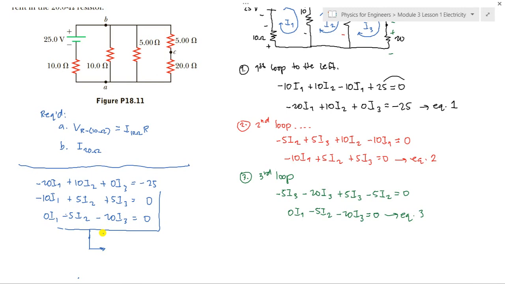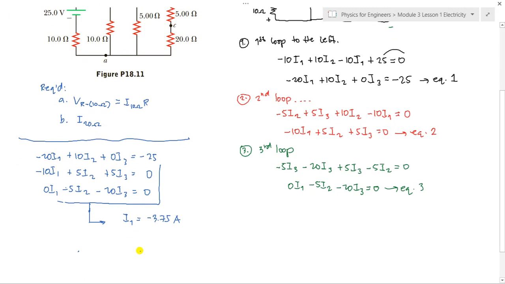So, the first current, I1, is equal to negative 3.75 amps. When we have a negative current, it means the direction is opposite to our actual assumption.